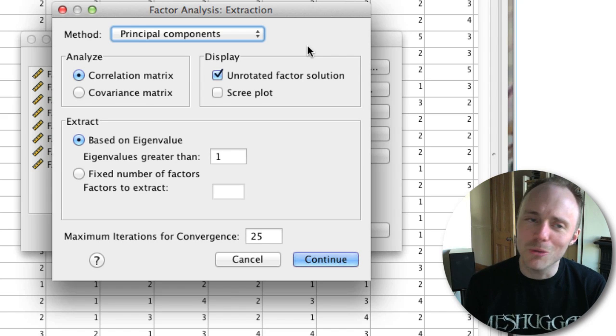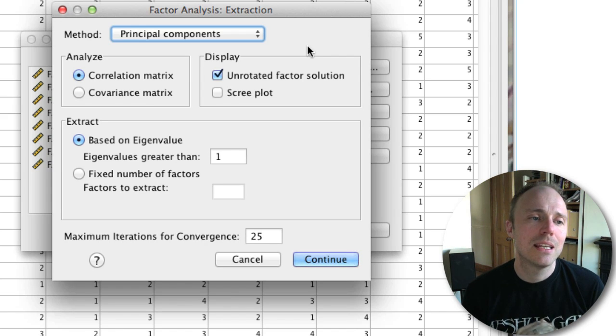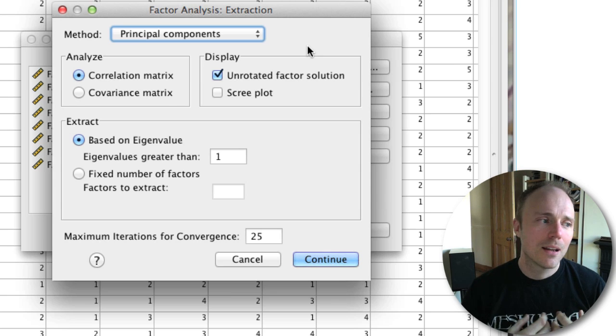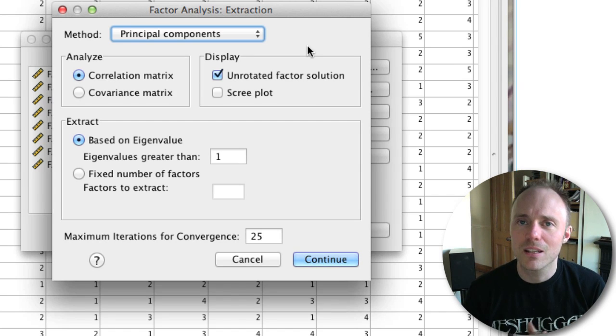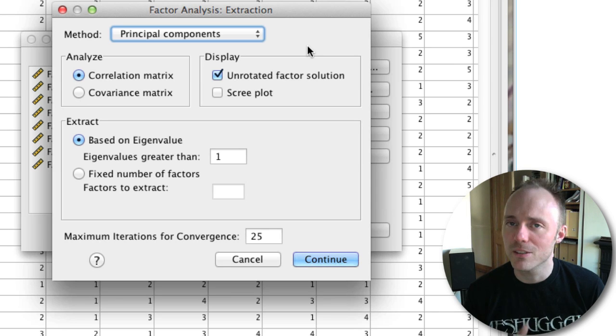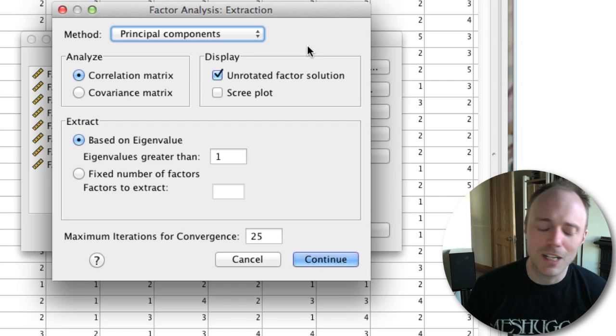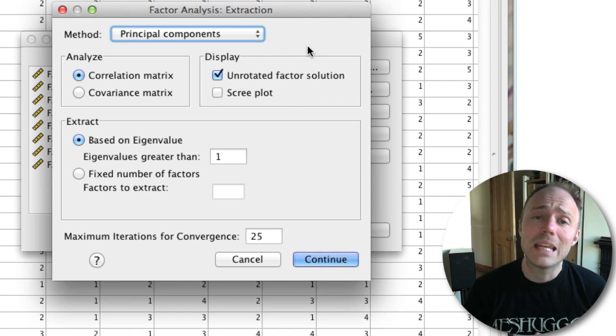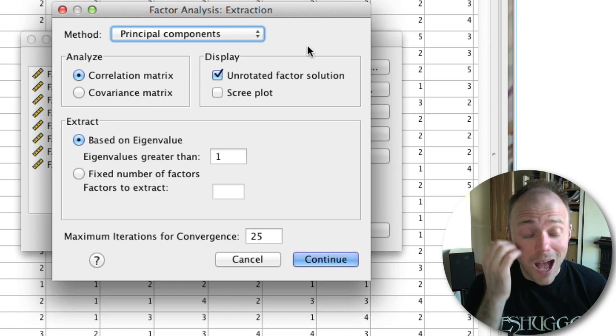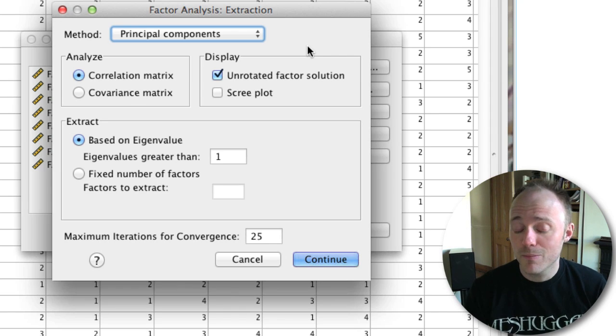When we do a factor analysis, we're trying to discover what these underlying linear factors might be within the data, and there's different ways of doing it. One way is principal components analysis. Another way, which is different to factor analysis in ways that I won't go into now, is using a factor analysis.